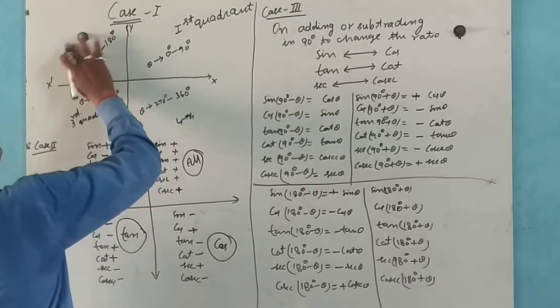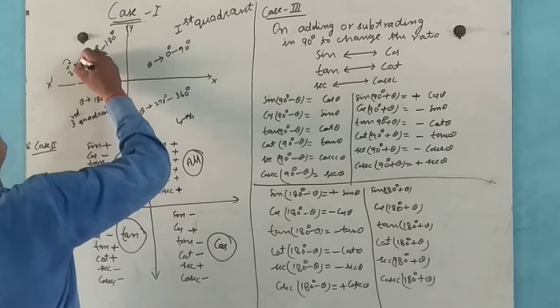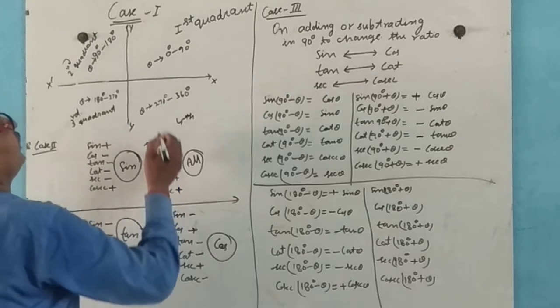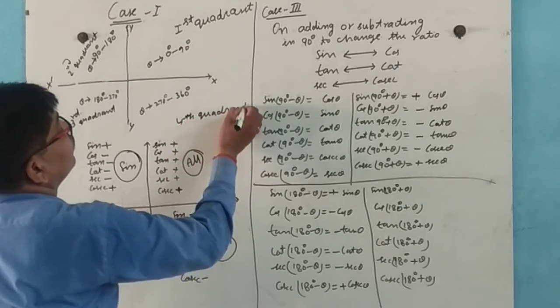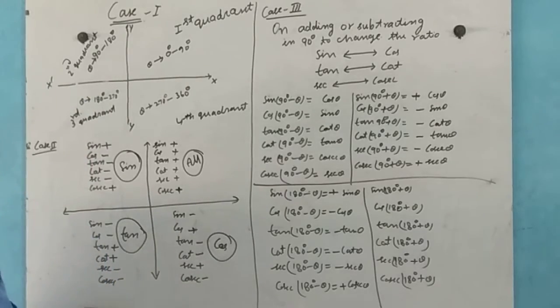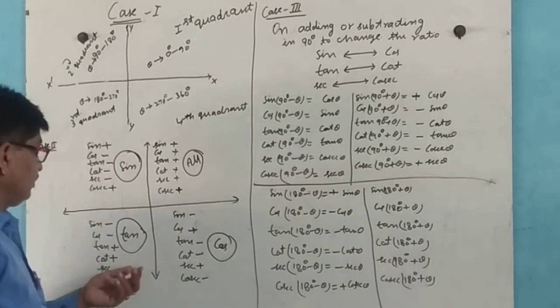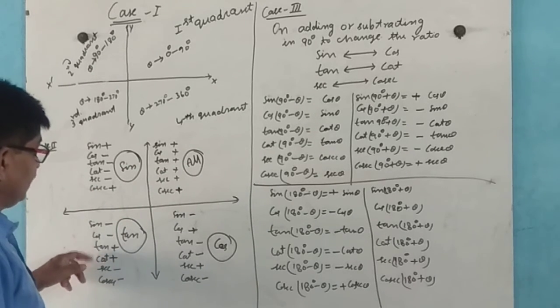This is the third quadrant, this is the second quadrant, this is the fourth quadrant. So these angles exist in the third quadrant. Only tan and cot are positive.